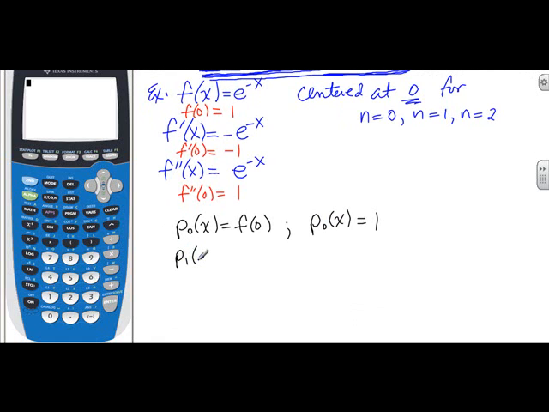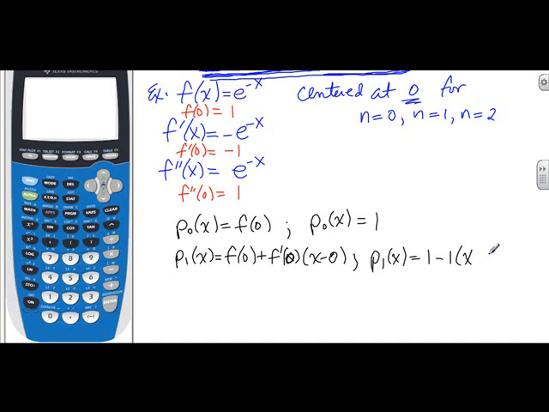P1 of x will be f of 0 plus f prime of 0 times x minus 0 to the first power.